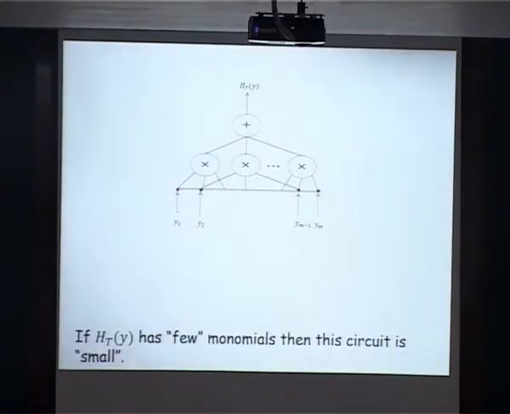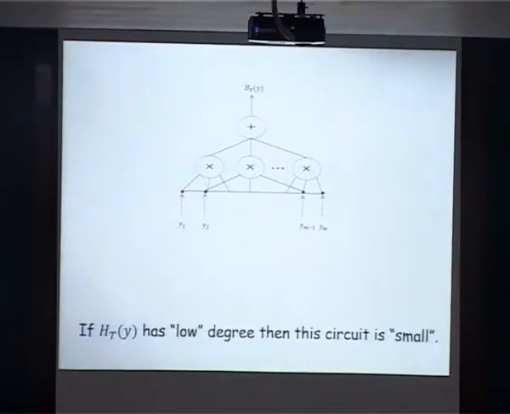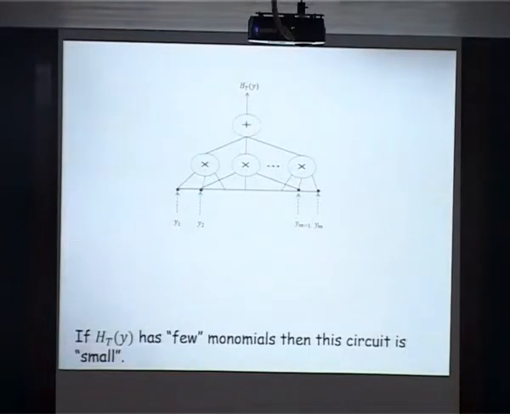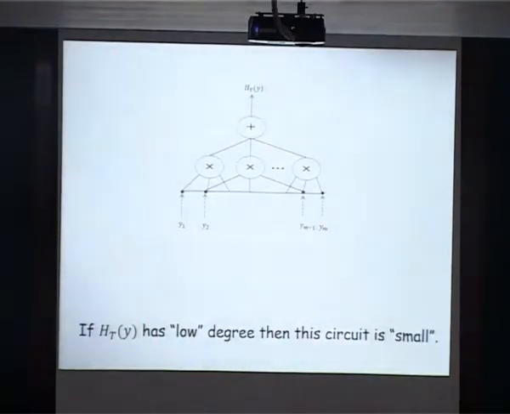So how can we make sure that h of y has few monomials? One way to try to make this happen is to make sure that h of y has low degree as a polynomial over the y variable.